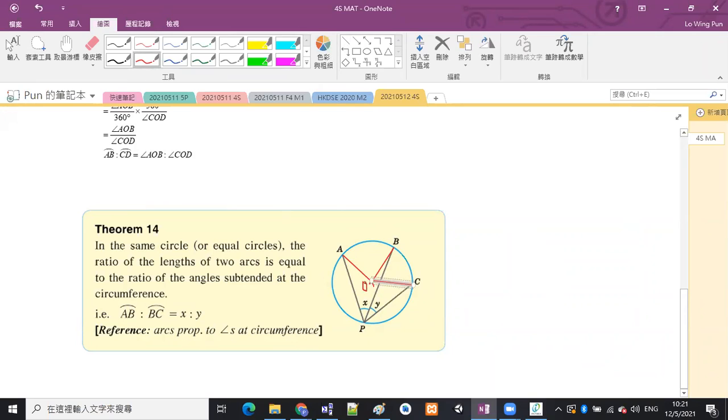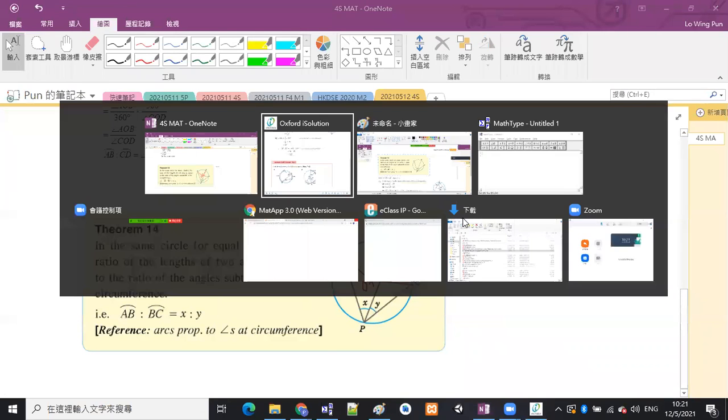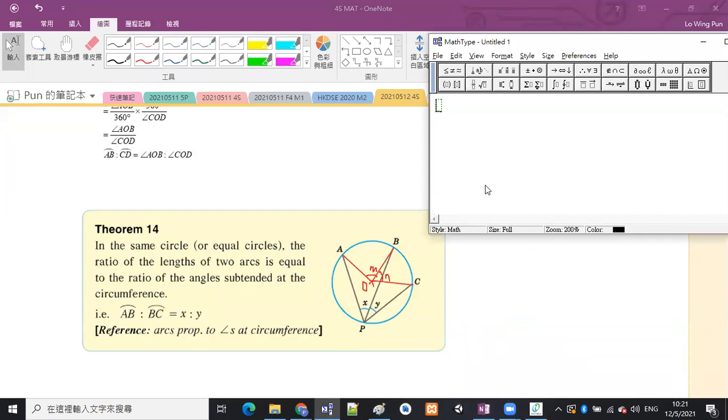And call the center O. And then this angle AOB is m, and this angle BOC is n. Okay, so this is the proof. It is because we already have the result of arcs proportional to angles at center.